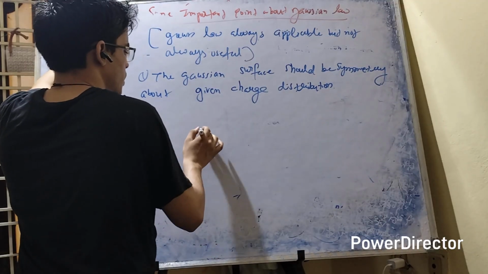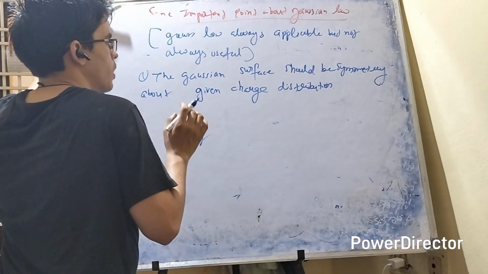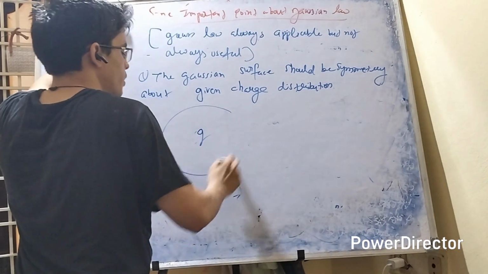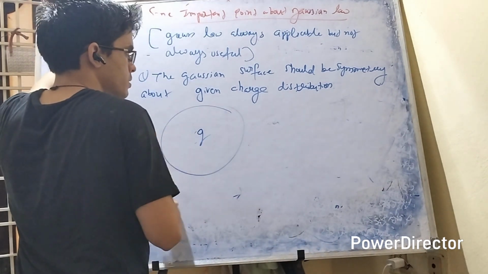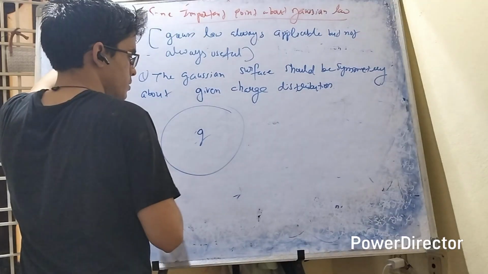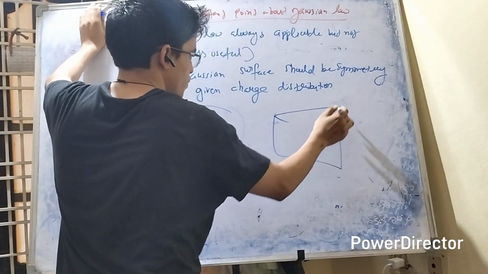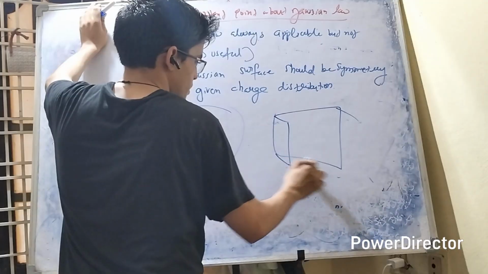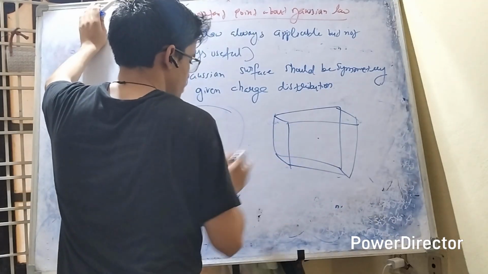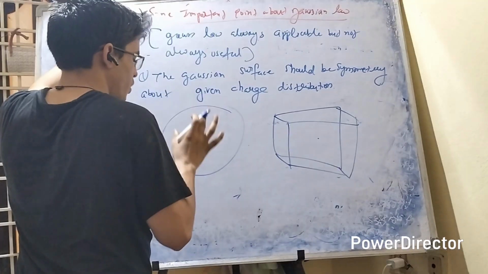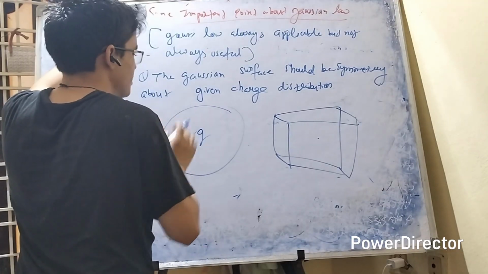So I want a Gaussian surface, you can draw one, meaning a symmetric surface. This is also correct. We can draw a cube here, right? It's also a symmetric surface. In this case, you can calculate the flux through this Gaussian surface easily.